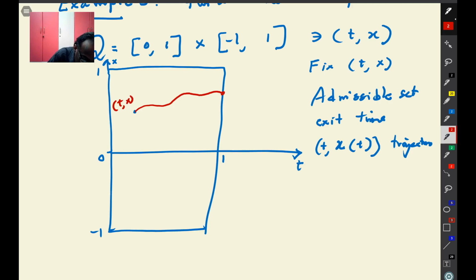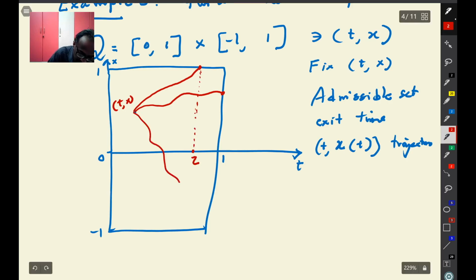On the other hand, if you go here and if you reach here, so you are not reaching t equal to 1 here, so you have the exit time, which is your tau here. So it's the first time it disappears. The trajectory can move something like that here and here. So you will have an exit time here.